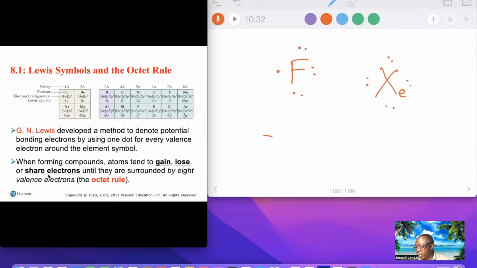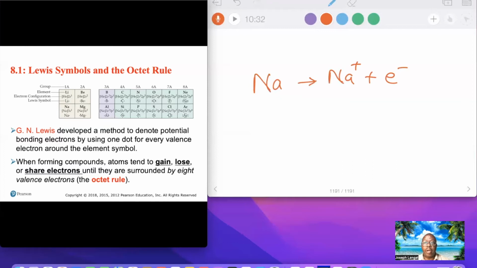And remember, electrons are negatively charged. This will impact how we look at the gaining, losing, or sharing. Metals tend to lose. Anything on the metal part of the periodic table, you know where they are, tends to lose its valence electrons. For example, sodium will lose 1 valence electron to form Na+ plus an electron.